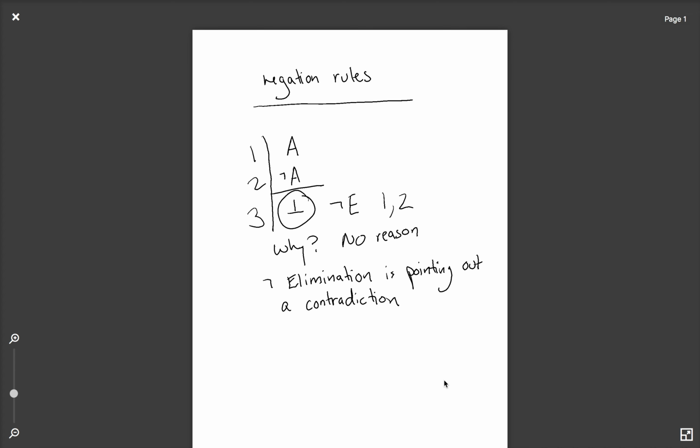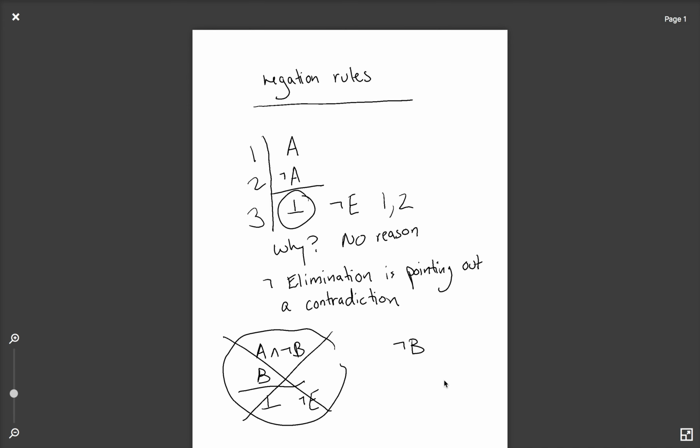So, for example, if you have this, and then that, you cannot use this negation elimination rule because these 2 lines, while they would lead to a contradiction, they're not an exact contradiction. So this is bad.